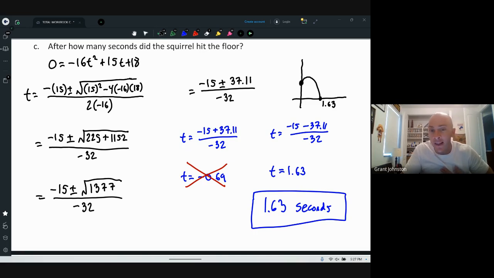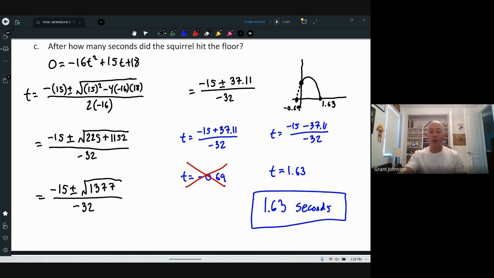But the reason we got that negative 0.69 is that if you somehow went back in time, it would be at negative 0.69 as technically a 0 with the quadratic model. It just isn't in the positive direction that actually makes sense, okay? So always think what makes sense, so that would be 1.63 seconds.